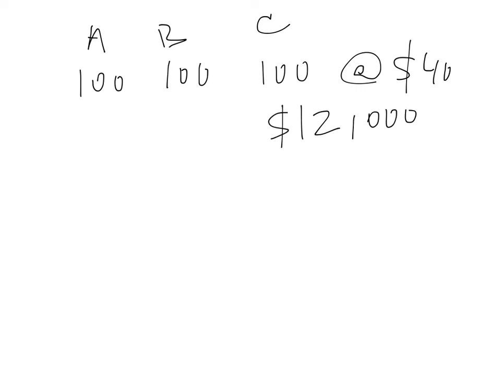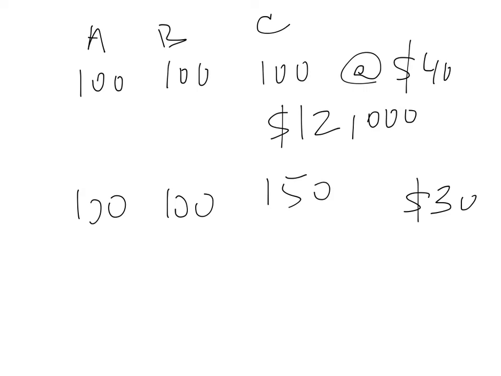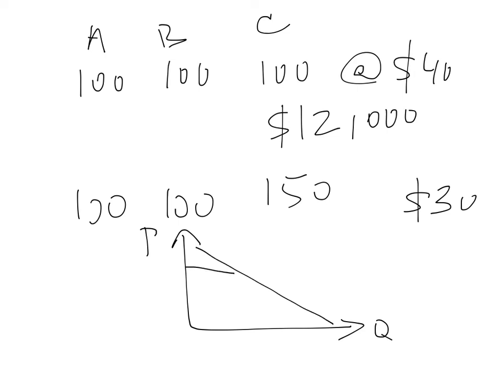Now, after they change the price to 30, these guys do not get any more customers. This guy does. So you know that along the demand curve, or you should know, this is your demand curve. We knew that at the price of 40, there was 300 demanded. At the price of 30, there is 350, right?